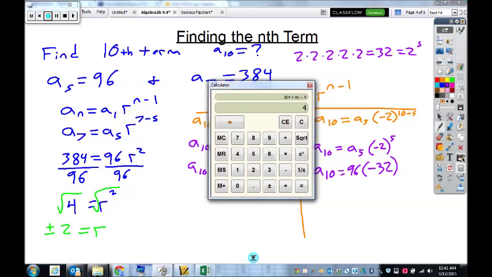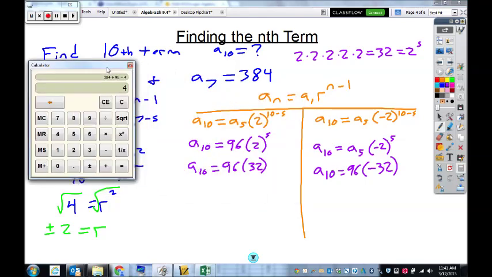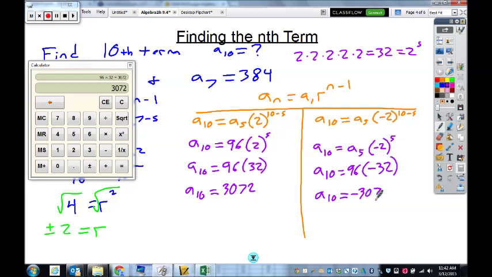So go back to my calculator. 96 times 32 is 3,072. So a sub 10 can equal 3,072, or a sub 10 could equal negative 3,072, depending on if r is negative 2 or if r is positive 2.